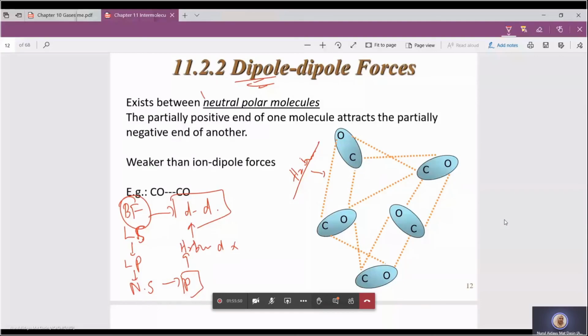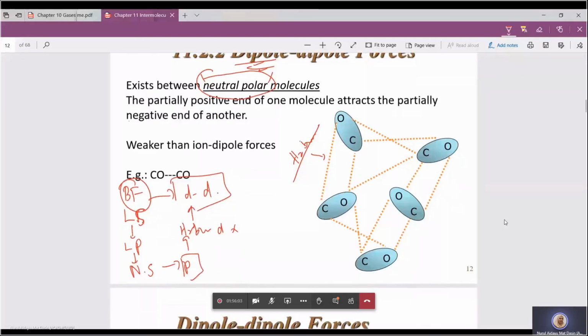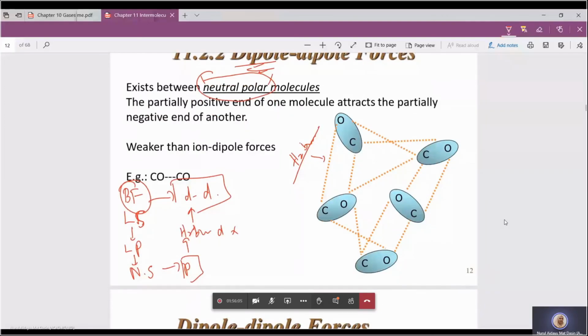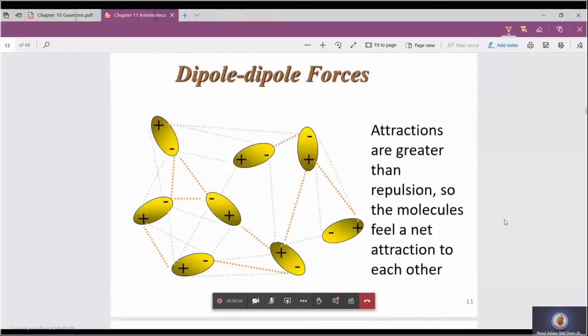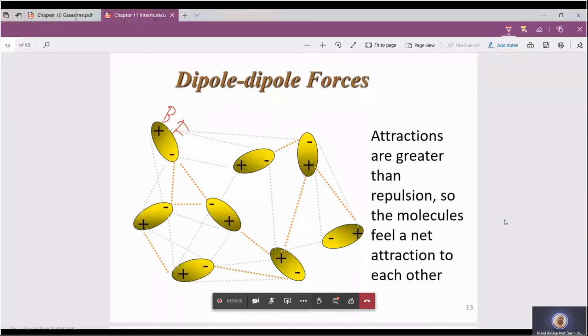This is very important. Highlight this point. Neutral polar molecules have dipole-dipole forces. So dipole-dipole is weaker compared to ion dipole. The ion dipole is strongest. Okay, this is the molecules. Looks like we have BF just now. BF attracts to BF, partial positive to partial negative.